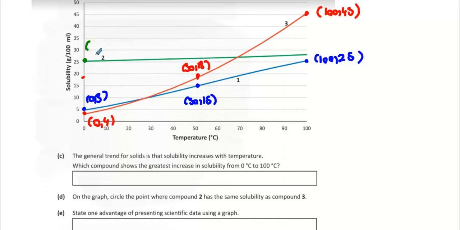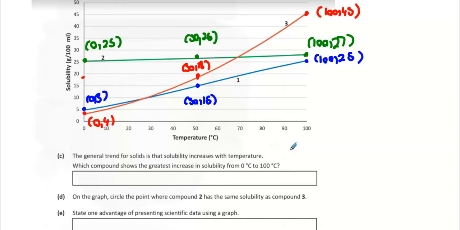At 0 degrees, a very cold solution, you can only dissolve 25 grams of salt. At 50 degrees, you can probably only dissolve around 26 grams, so it's barely moving. And then at 100, it's roughly around 27. So it doesn't matter how much temperature you put in, you're not getting that much extra salt you can dissolve. Okay, so the general trend is the solubility increases with temperature.